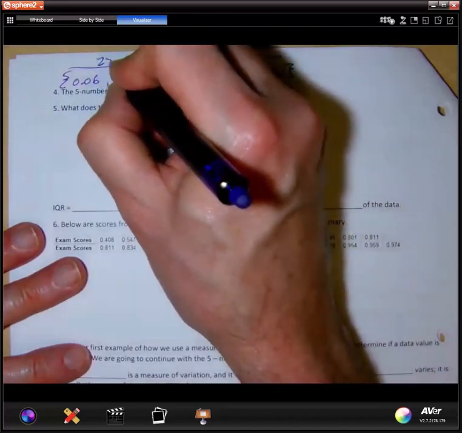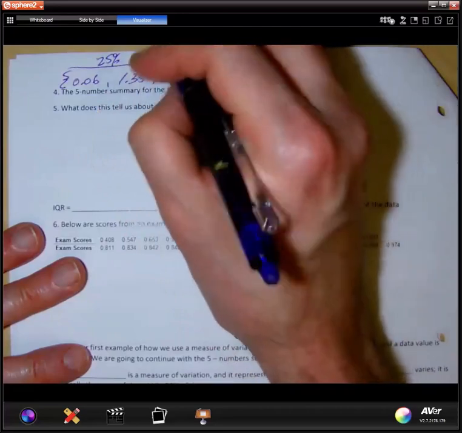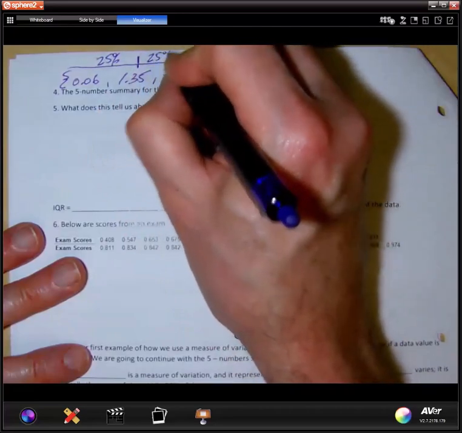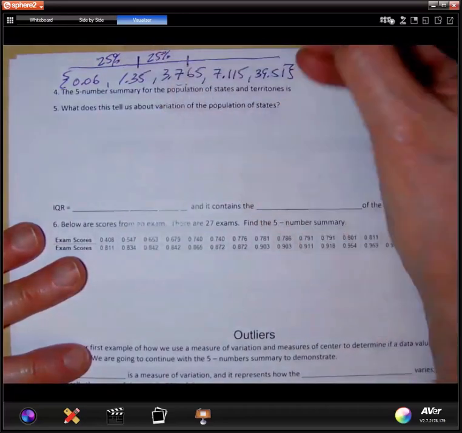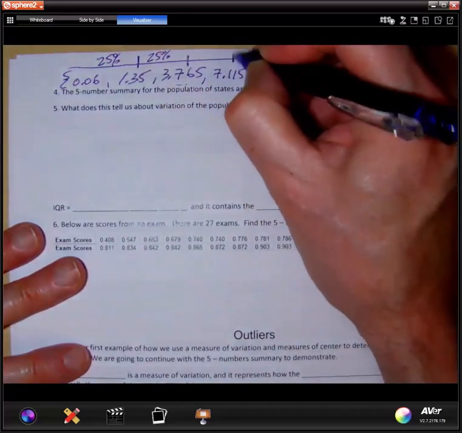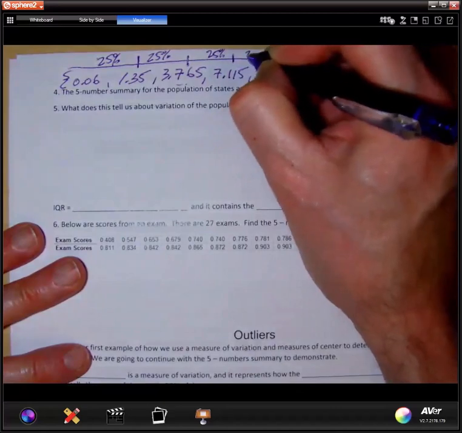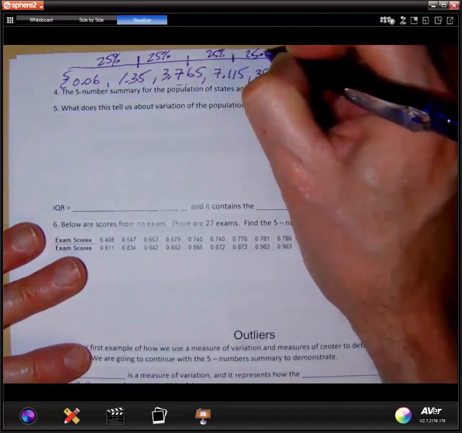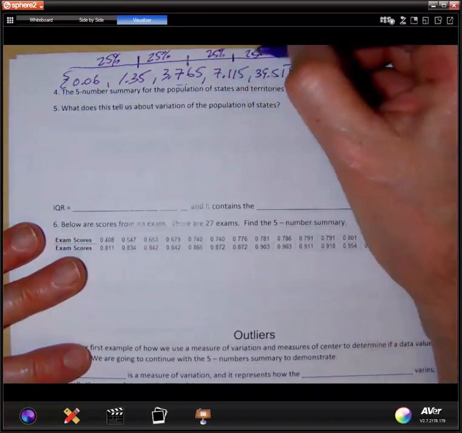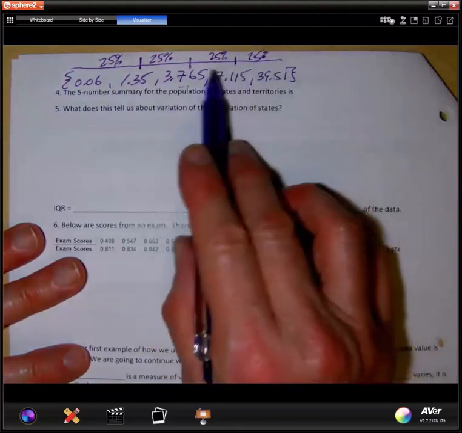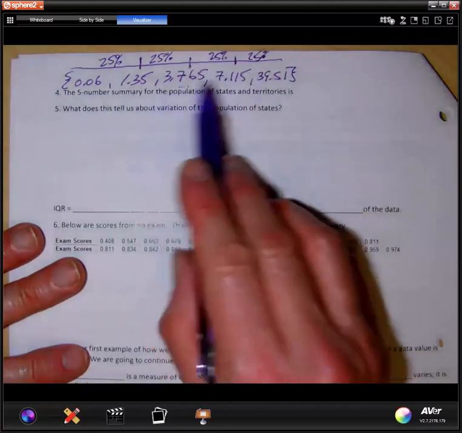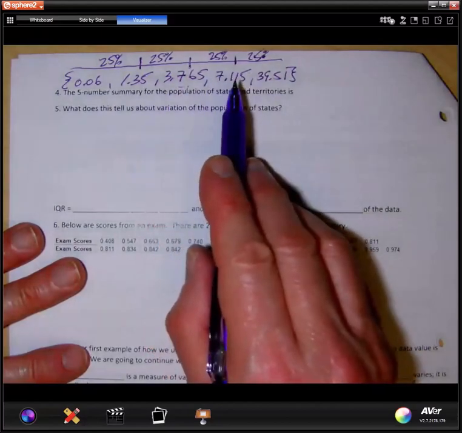It separates the lowermost 25% from the next 25%. Below the median is 50%, 25 plus 25. Above the median, we have exactly the same thing. This separates the uppermost 25% from the next 25%. So basically, we have divided the data into quarters. That's what the 5-number summary does.